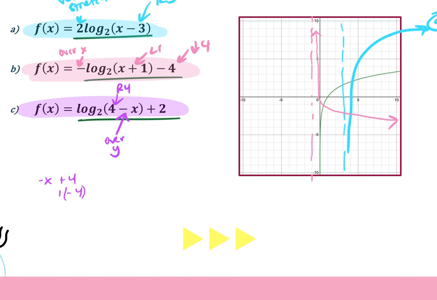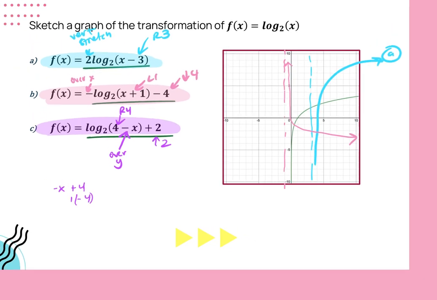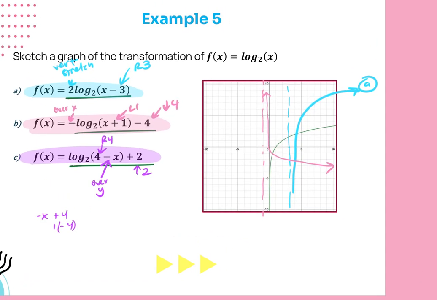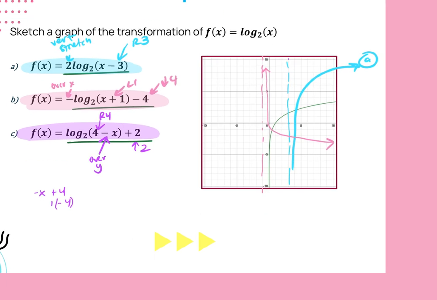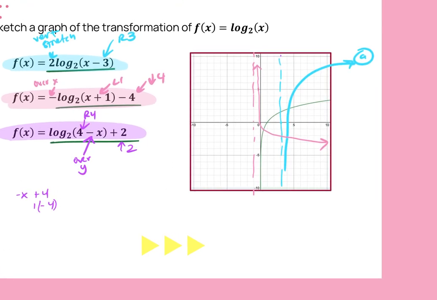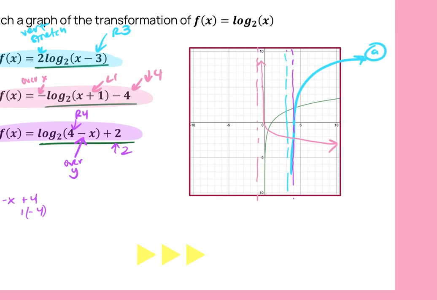Then up 2. So right 4 means my asymptote shifted 4. And then I go over the y, so I go to the left, and I make it taller. Something like that.